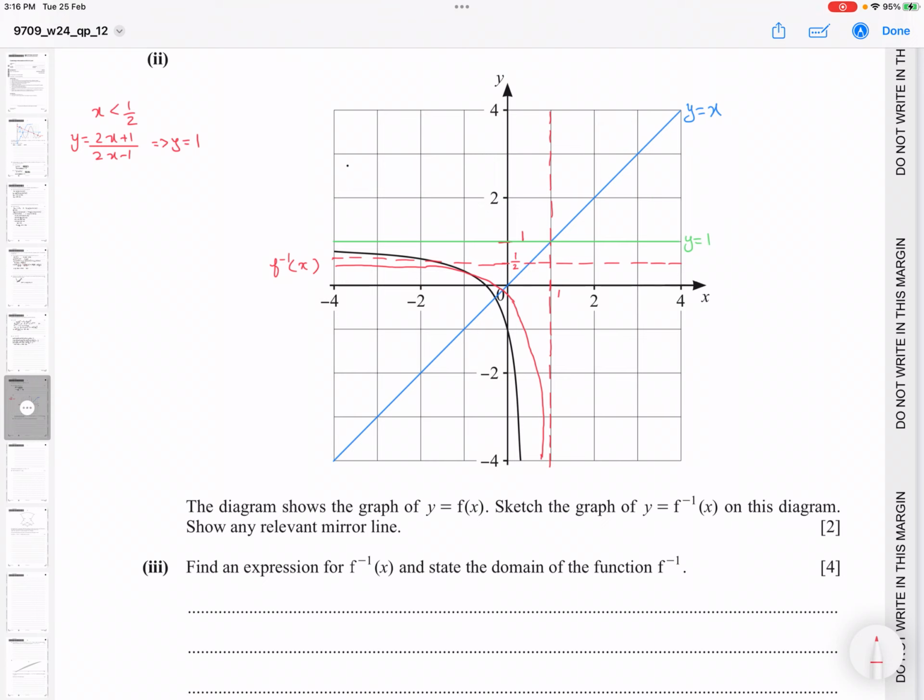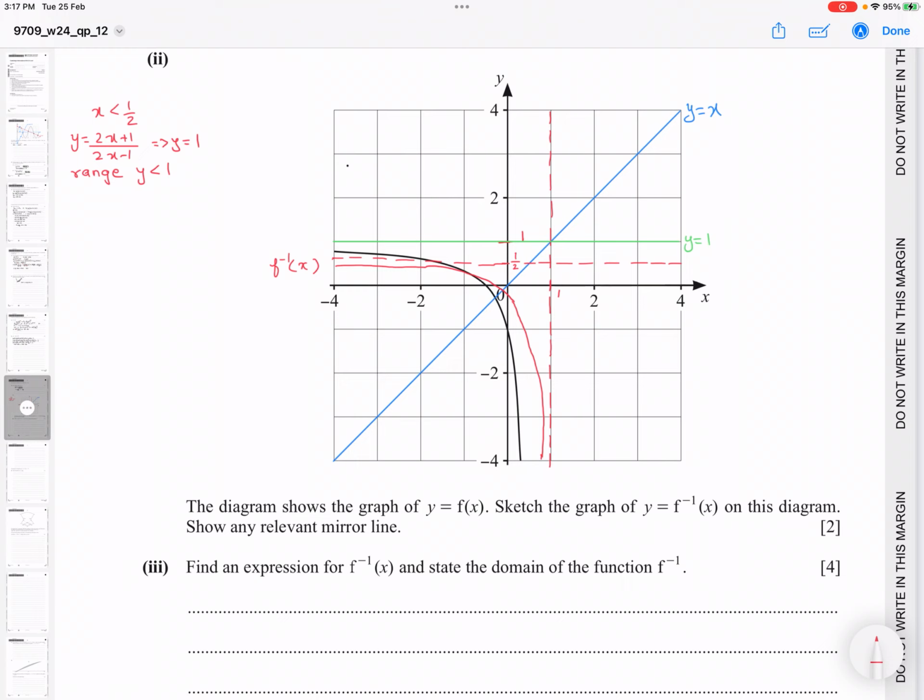Look at the black curve, the main f of x. This is our f of x and it is below y is equal to 1. So we can say the range for this y is less than 1.